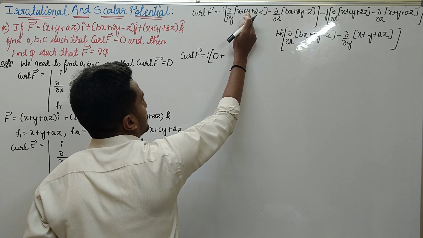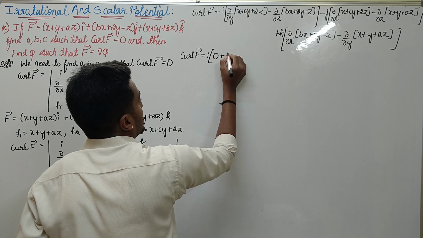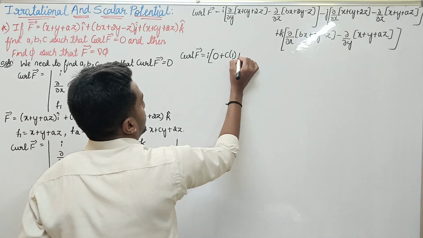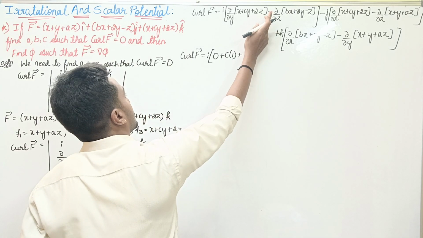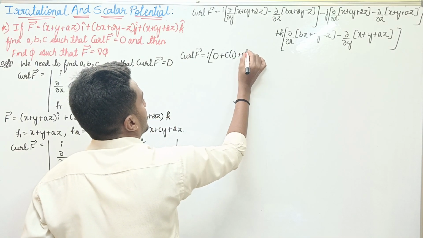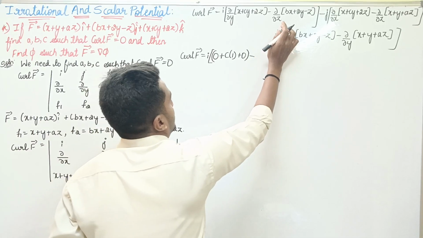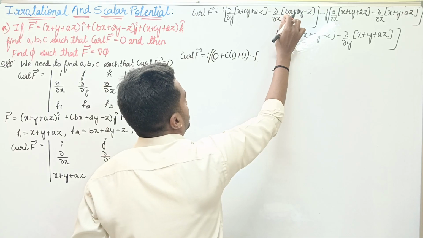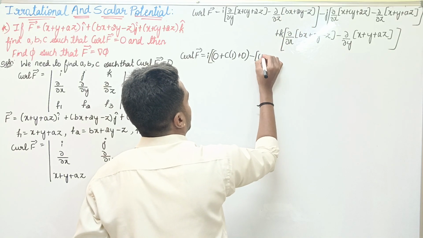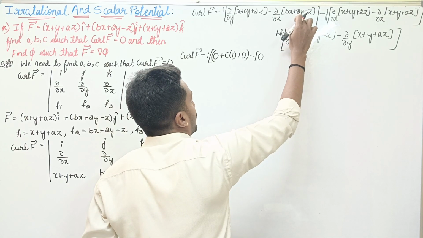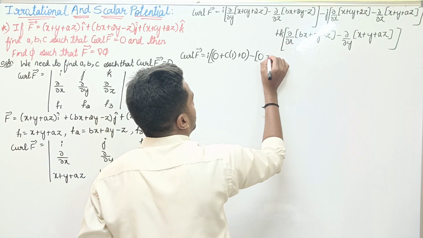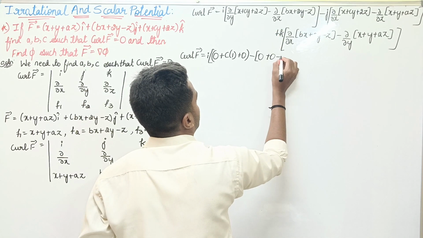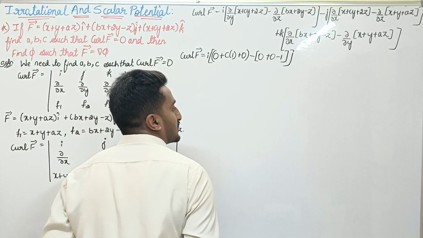Plus, we have c y, c remains constant, differentiation of y is 1, plus 2z, differentiation of 2z with respect to y is 0. Minus, now differentiate the whole term with respect to z. For bx, we don't have z, so this becomes 0, plus 2y becomes 0, minus z, differentiation of z with respect to z gives minus 1. Done with respect to i.